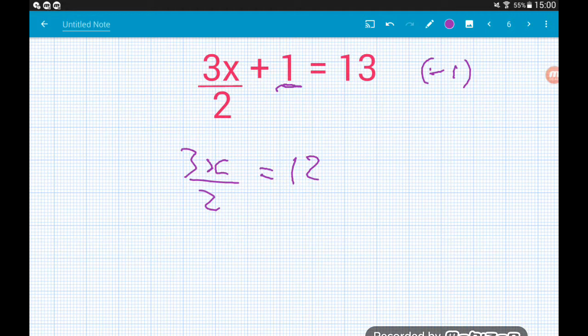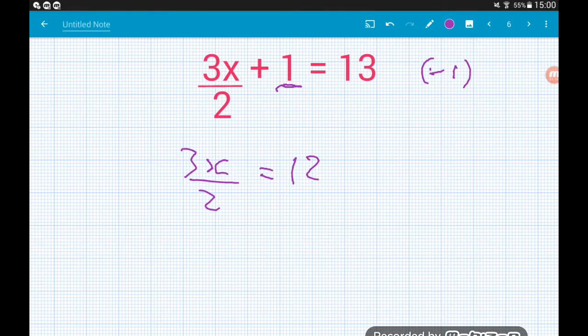Now we have a choice here, so 3x over 2 is the same as 3 halves multiplying x. So we could divide both sides by 3 halves, but that's probably not the coolest way to do it. That would probably lead to some quite tricky calculations. So let's do it step by step.